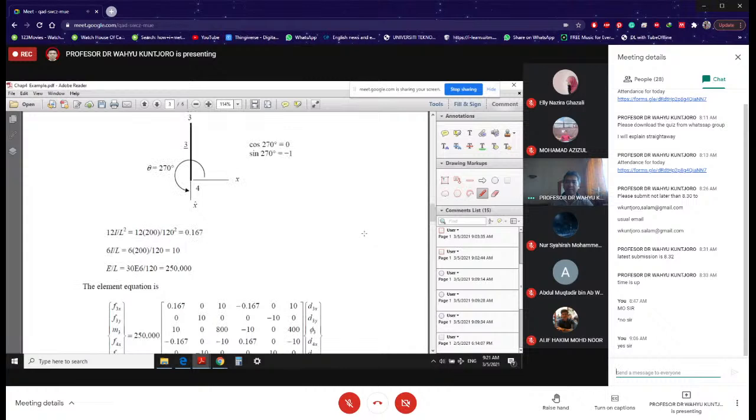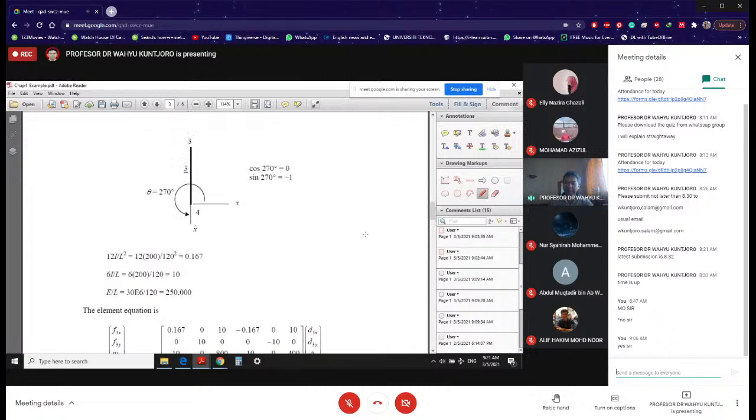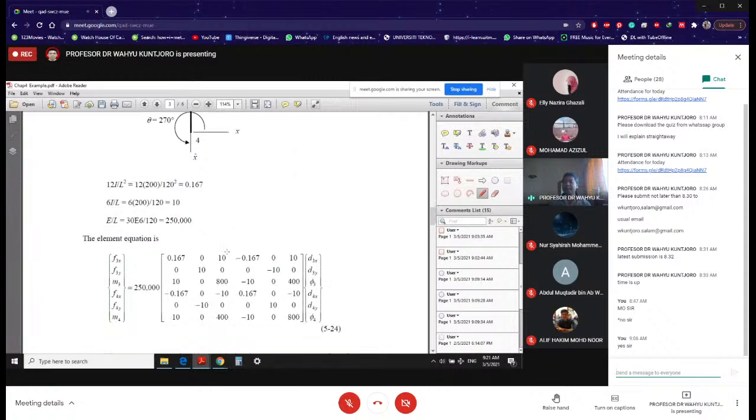If, let's say, you decide that x positive local is going up, all right? X positive local is going up because probably you like going up as positive, then the theta is going to be 90, okay? But you cannot write down F3x, F3y, M3, F4x, F4y, M4.